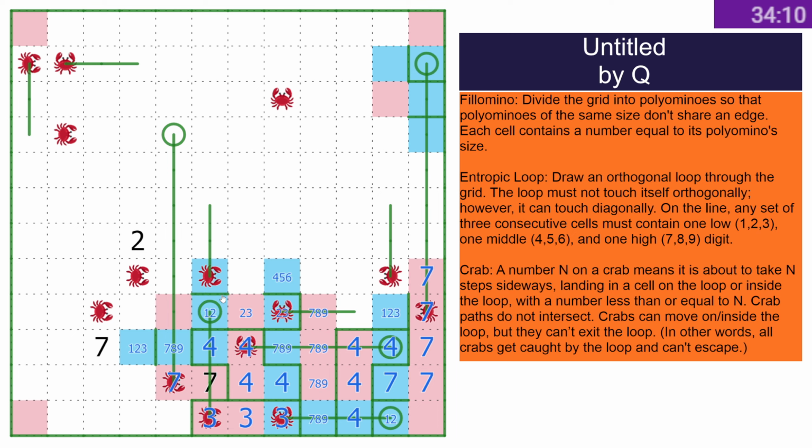This guy's getting pretty trapped. This guy's getting pretty trapped. That's big again, isn't it? So that's pink. Yeah, that's pink. Which doesn't look like it says anything.